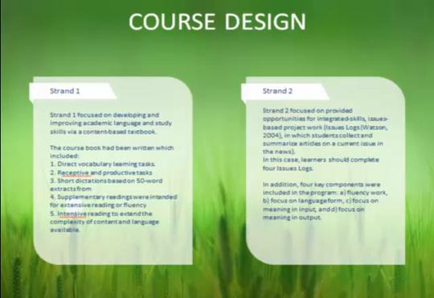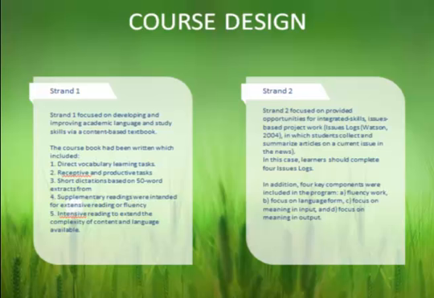Of course, the course book was written to include direct vocabulary learning tasks, and then receptive and productive tasks, short dictation based on a 50-word extract, and then additional or supplementary reading intended for extensive reading or fluency. And the last, for strand 1, is intensive reading to extend the complexity of content and language available.